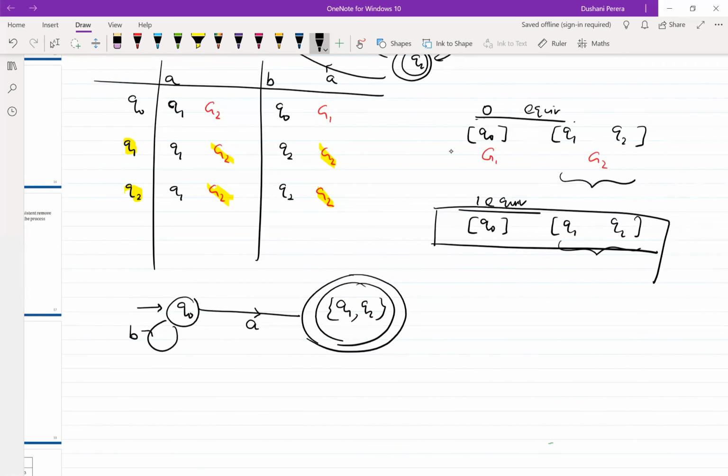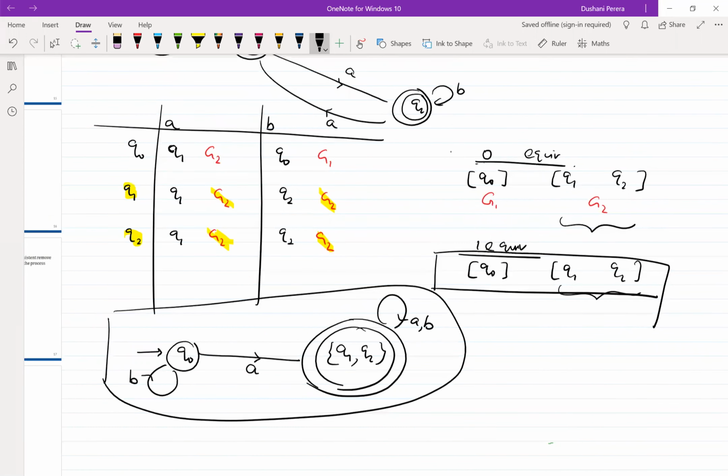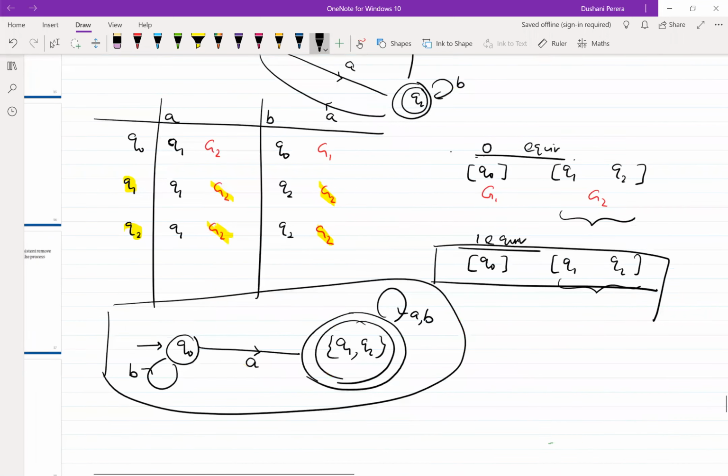Q1 and Q2, upon getting A's and B's, come back to themselves. Okay, so this is the minimized DFA of this. There was another state earlier, Q3, like this. So that DFA was minimized to this.